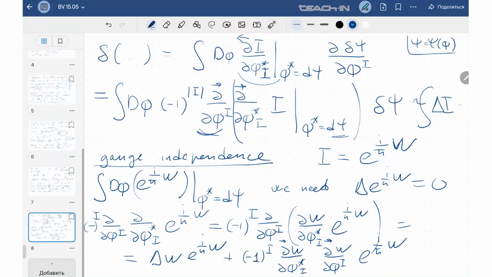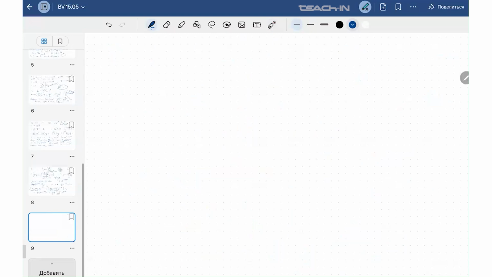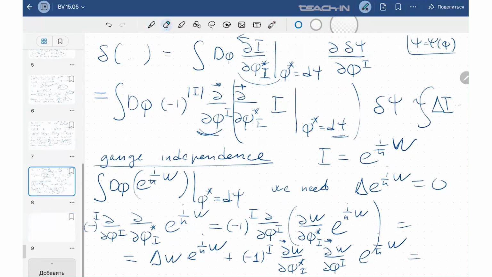So if we continue, what we get is, oh, sorry, and I forgot the right coefficients. So here I get I over h bar.